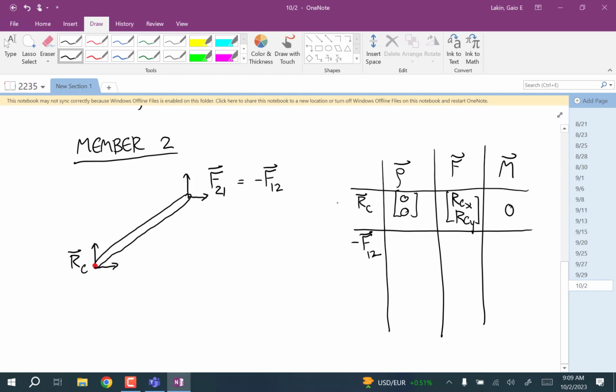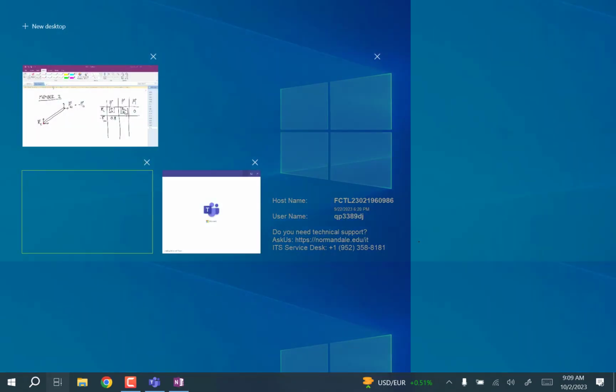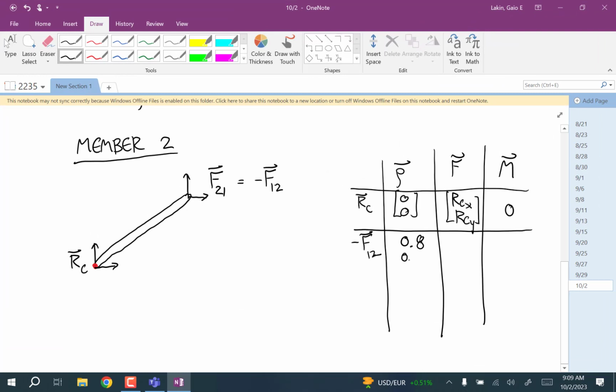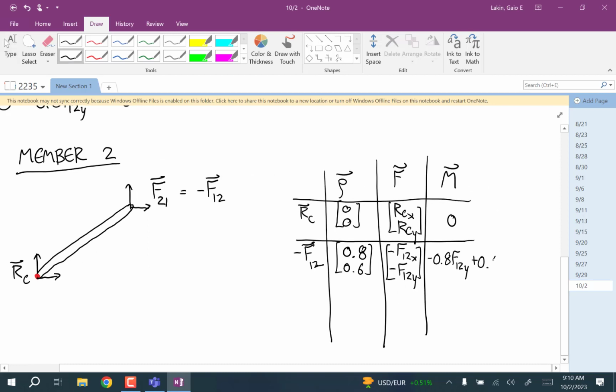The rho vector there is positive 0.8, positive 0.6. Force vector is negative F12x, negative F12y. So see the negatives showing up in those components. And then the cross product is negative 0.8 F12y plus 0.6 F12x.